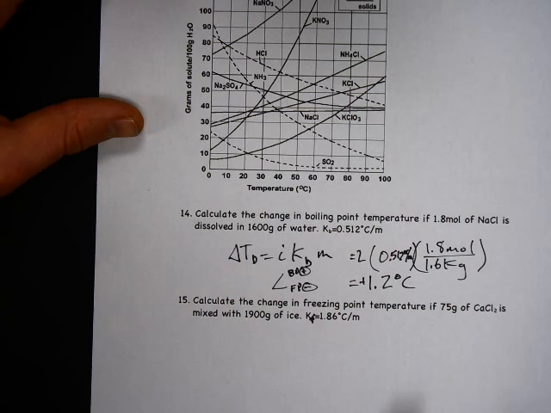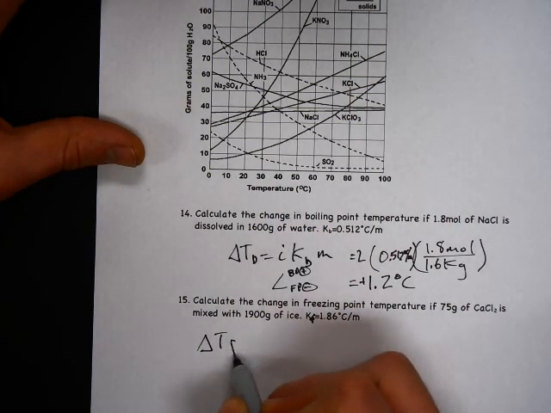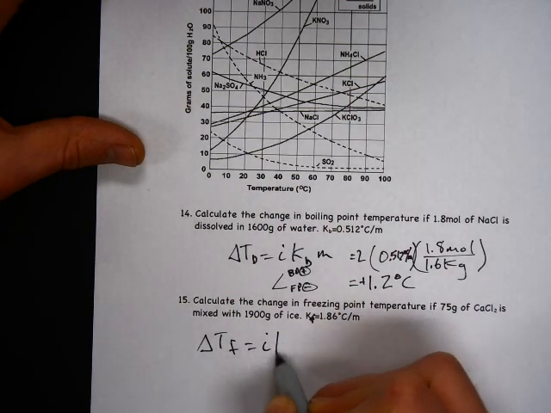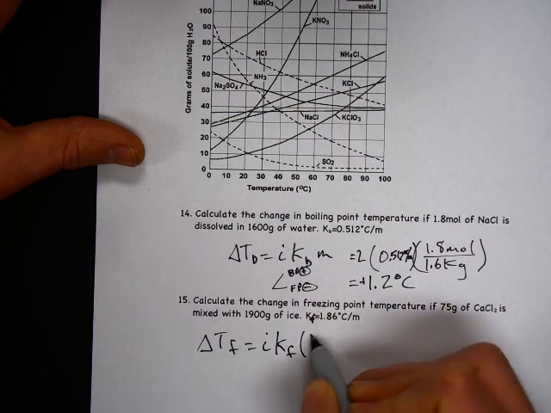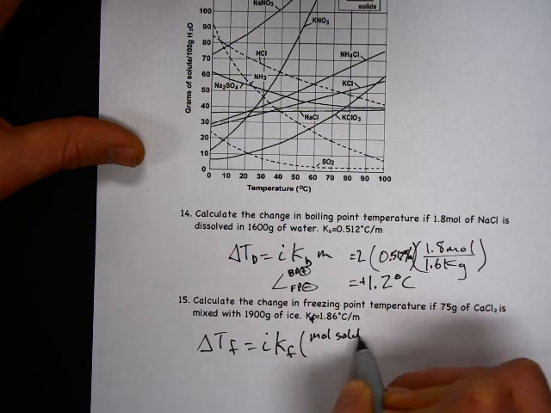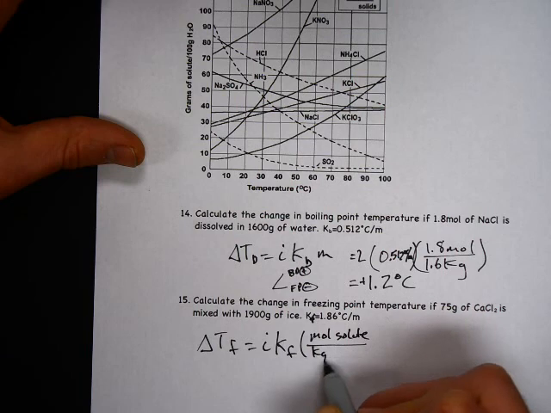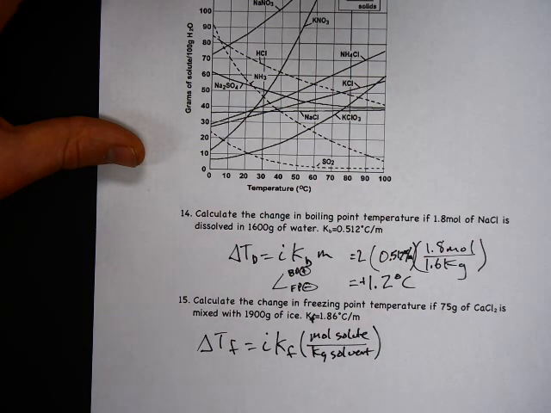Number 15 is asking me about freezing point, which is essentially the same equation. And I'll actually write m out here, moles of solute per kilogram of solvent. So notice I'm given a gram of solute here, a molar mass. So 75 grams of calcium chloride.